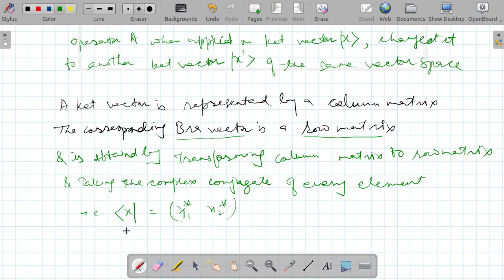Similarly, bra x prime can be written as x1 prime star, x2 prime star, right?